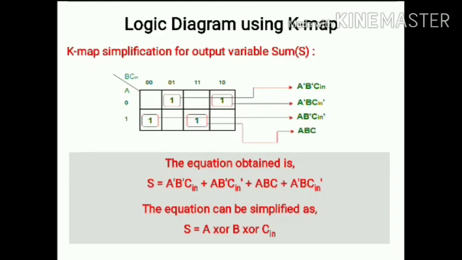The second cell is marked as A bar, B bar, C in. Third cell is marked as A bar, B, C. Fourth cell is marked as A bar, B, C bar. So likewise it goes on. So each cell is represented as min term.